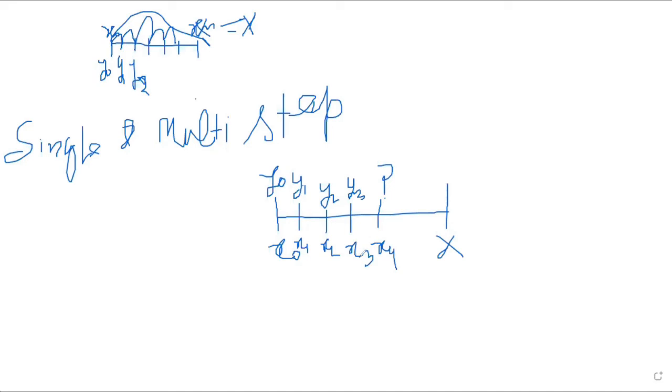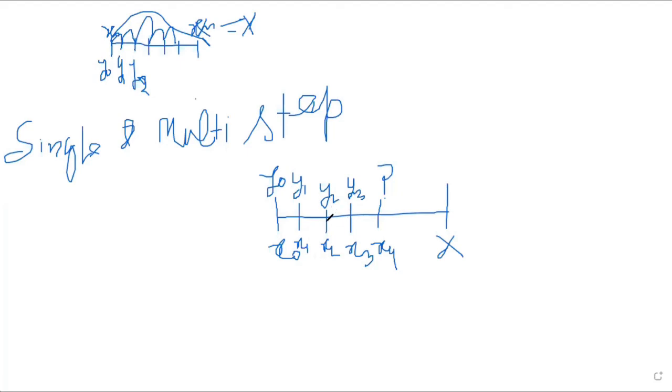I know the value at X3, we know the value at X2, we know the value at X1. When I am predicting the value at X1, I have only one value, Y0. But when I'm predicting the value at X2, now we have Y0, Y1. When I'm predicting the value at X3, then I have Y0, Y1, Y2. Am I right?